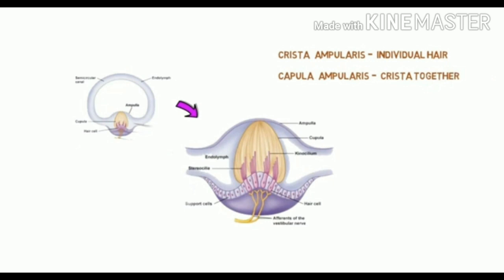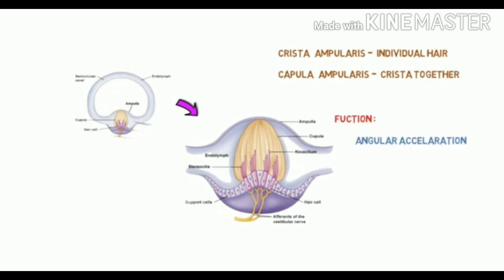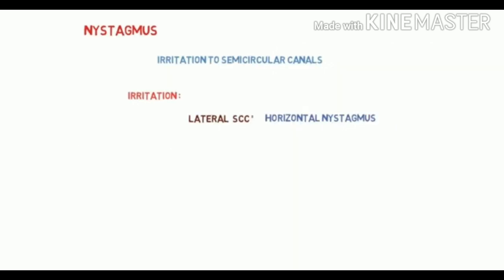And what is the function of the crista ampullaris? It detects angular acceleration. So if we have irritation to the semicircular canals, we have nystagmus. Different types of nystagmus are related to different semicircular canals.